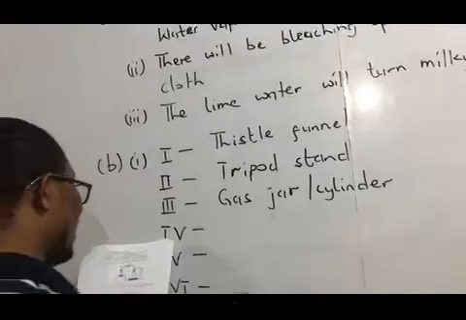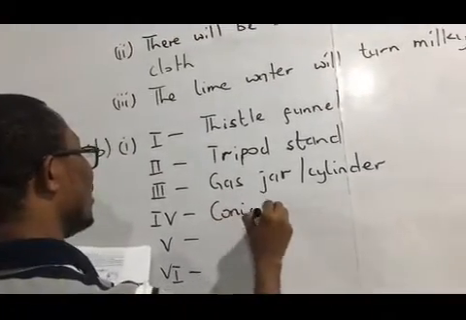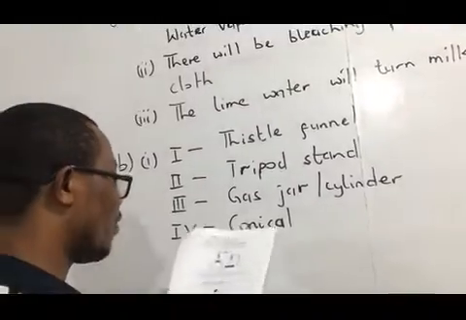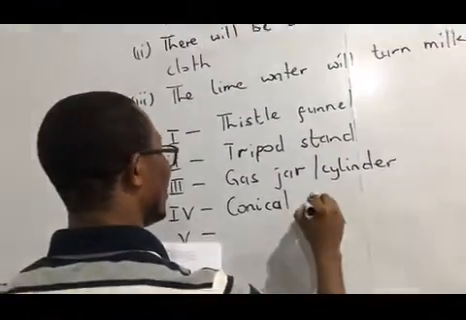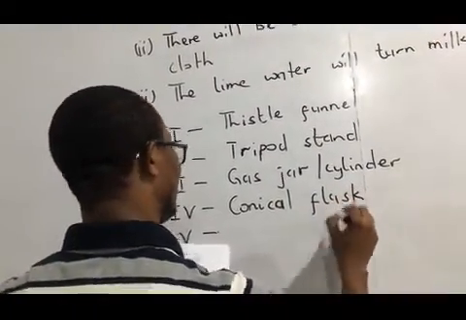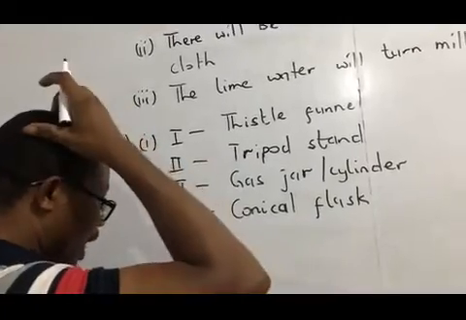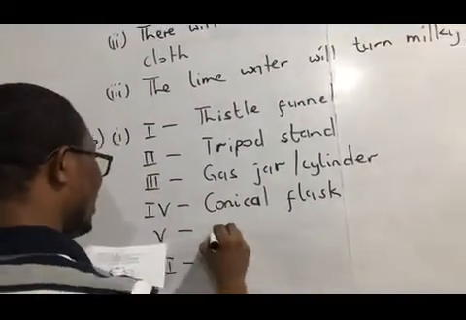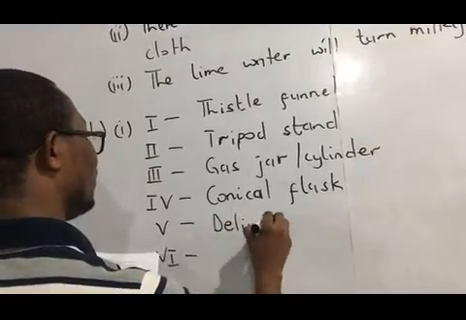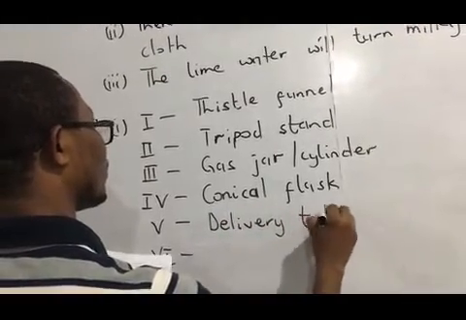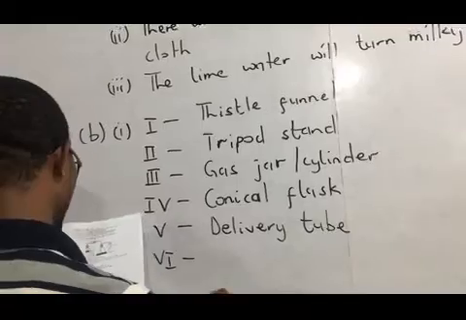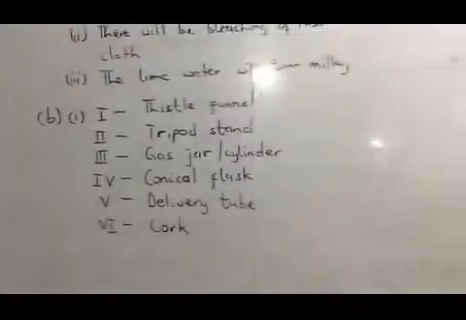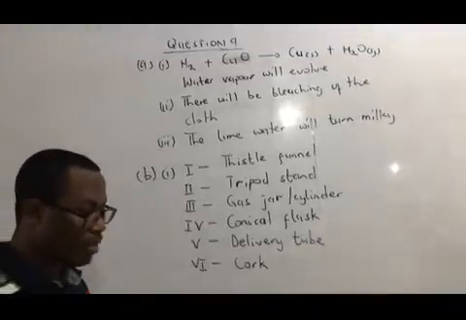The IV is conical flask. When I was explaining, we didn't come across that flask. This one is conical flask. And then the V is the delivery tube. And then the VI is the cork. Okay, so these are the labeled parts.